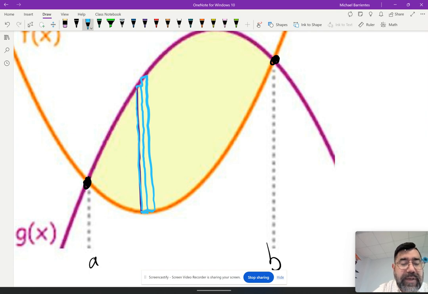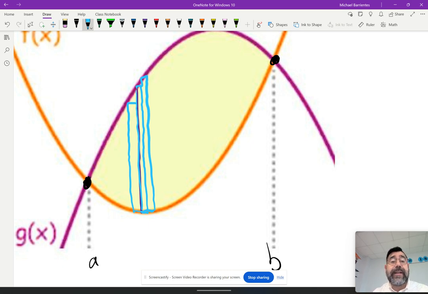Very much like a Riemann sum allowed us to build rectangles and then add those rectangles together. Now, if I make the widths of my rectangles smaller and smaller, that means I'm going to be able to add more and more rectangles, and this error here is going to go away, and we'll get the exact area under the curve. That's what the definite integral did for us, right?